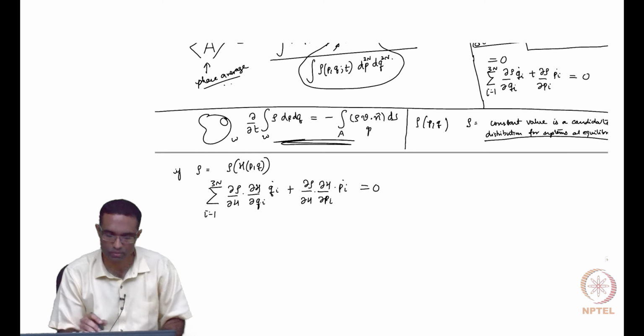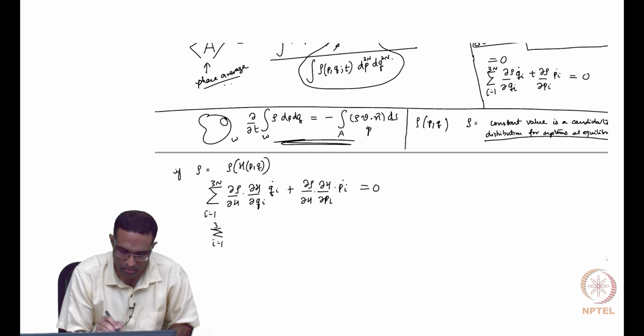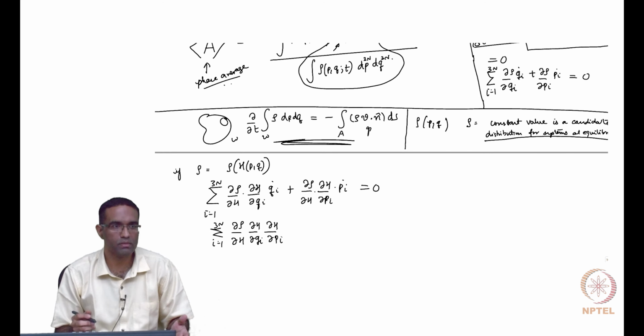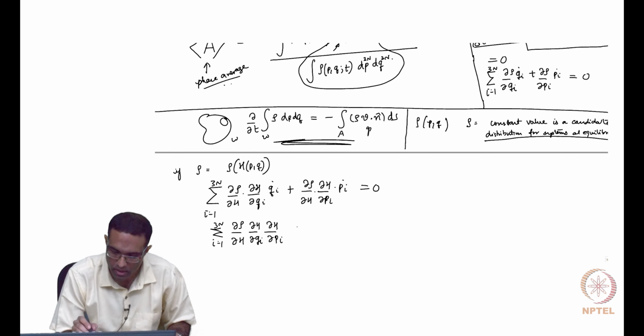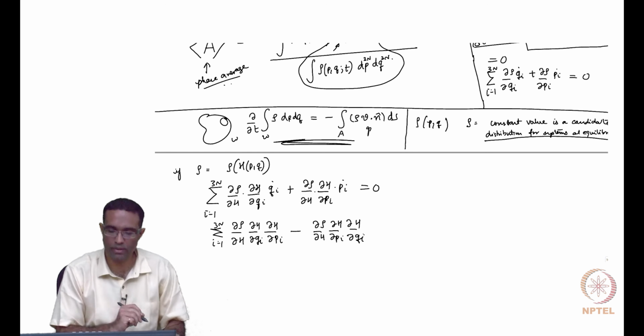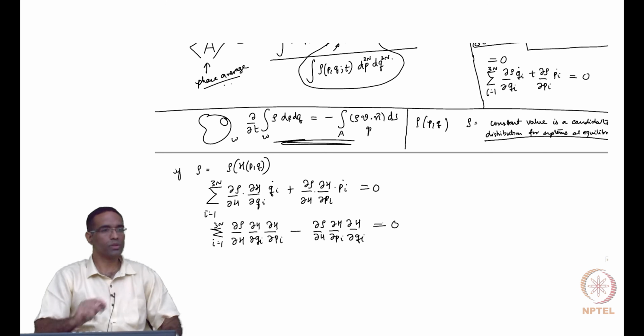I am saying this is 0, which it is because qi dot is nothing but dou H by dou pi according to the equations of motion, and pi dot is nothing but minus dou H by dou qi, so the terms cancel and the sum equals 0.